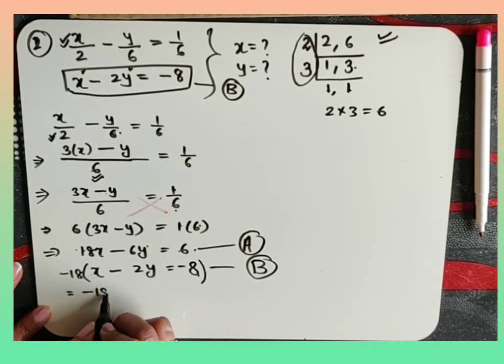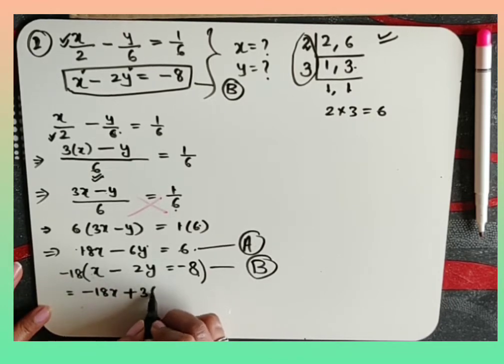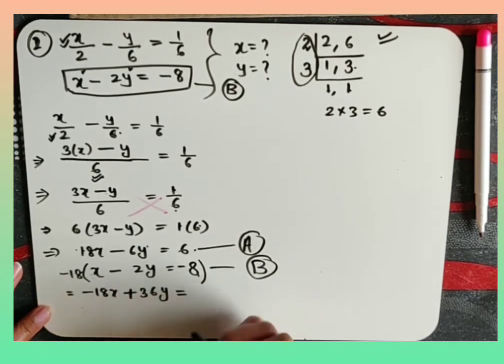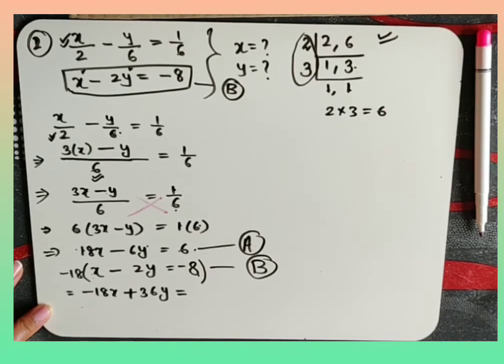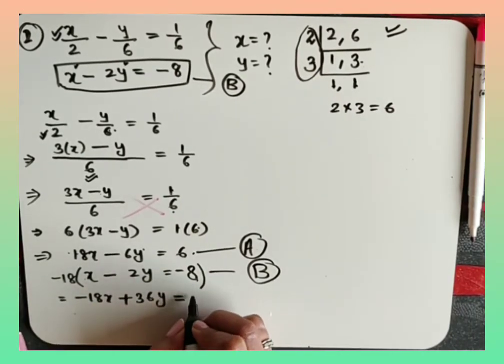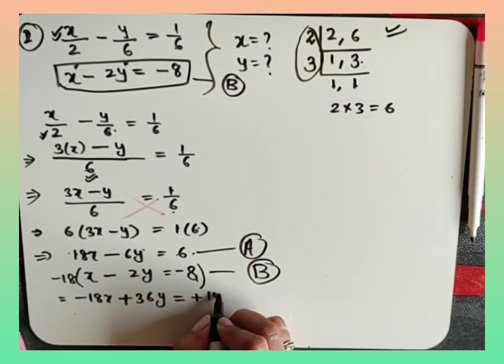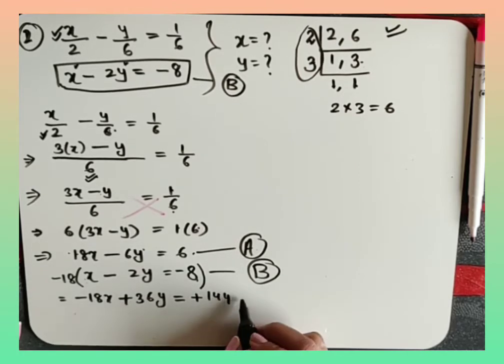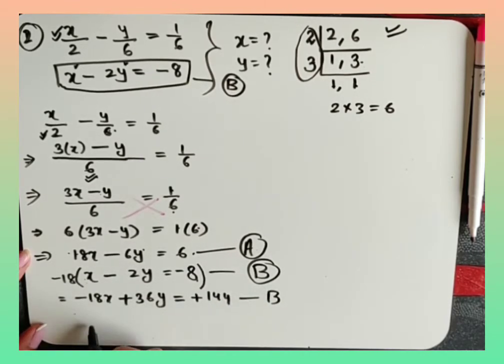So minus 18x, minus 18 times plus 2y is minus 36y, and then minus 18 multiplied by minus 8 will be plus 144. Now this is your equation B. Write it down, equation A here, 18x minus 6y equal to 6.